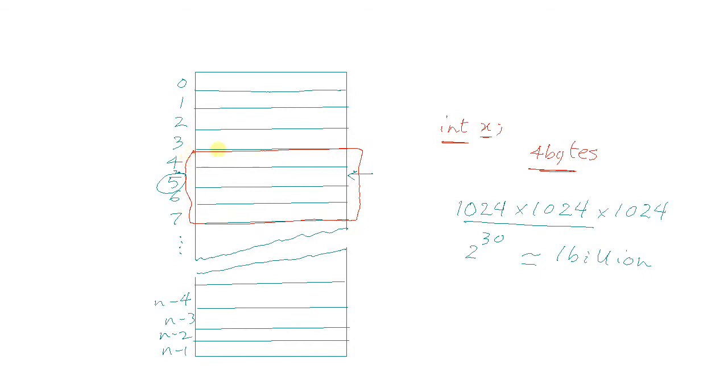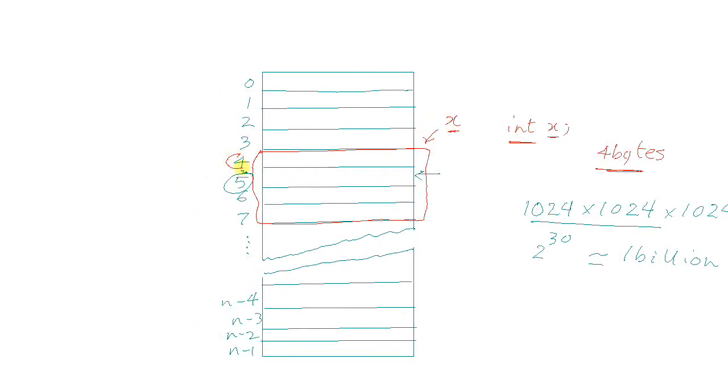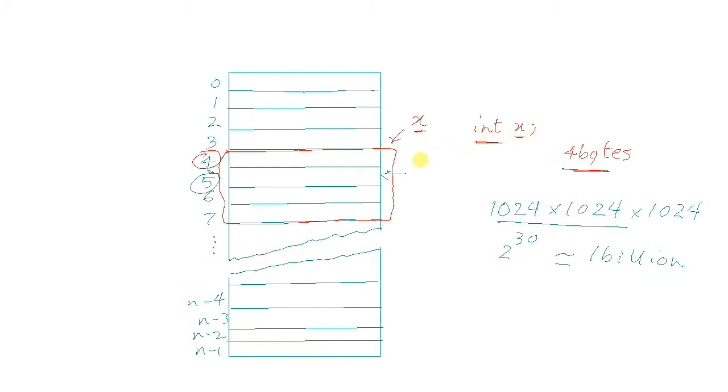Okay, and it calls it the variable x, and actually x represents the value stored in this location, while the start address of this 4-byte location is 4 in this particular example.